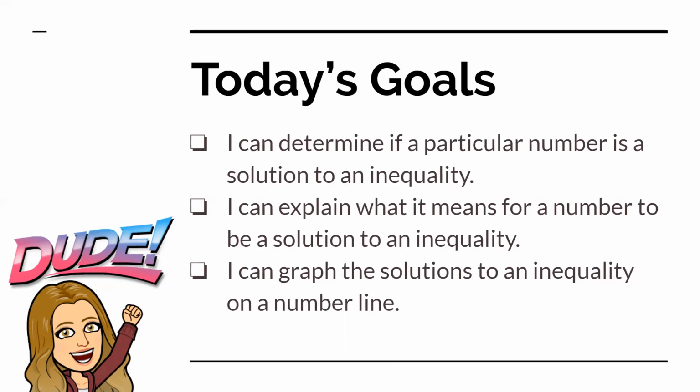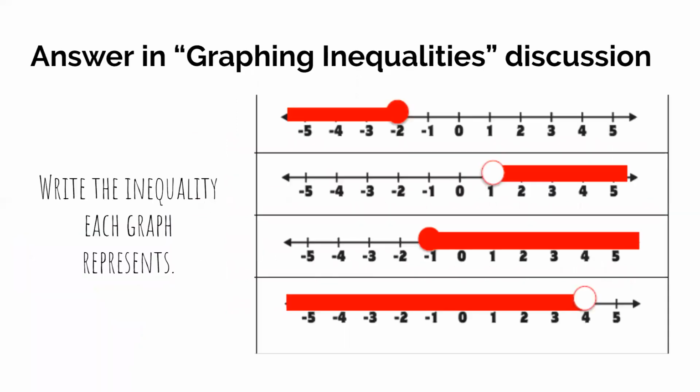I understand that. So for your check for understanding for this video, I'm going to actually show you graphs. There are 4 graphs right here. I want you to write the inequality that matches with the graph. So for this one right here, you see that it's at -2 and it goes to the left.